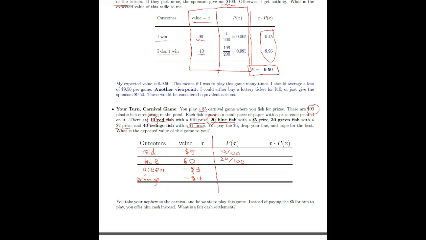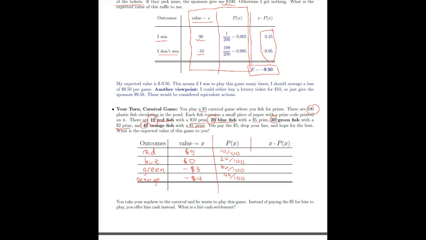I tend to like fractions a little more sometimes. For green fish, there were 30 total out of 100. And for orange fish, we had 40 of them in the pond out of 100 total fish.